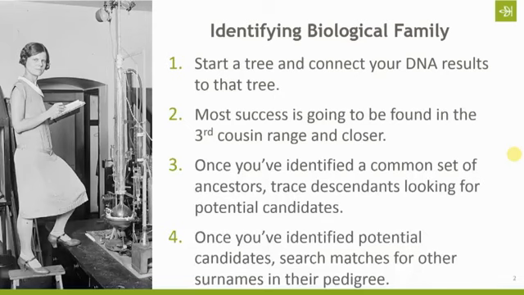Then you're tracing the pedigree of the potential candidate and looking for the same surnames among your matches. After step 4 is where we can start contacting, hopefully with some sensitivity, some living people, and seeing if we can get other people in the family to test to verify our hypothesis.